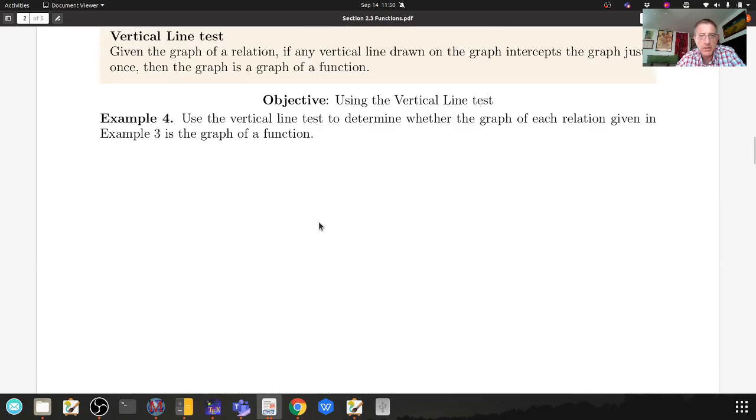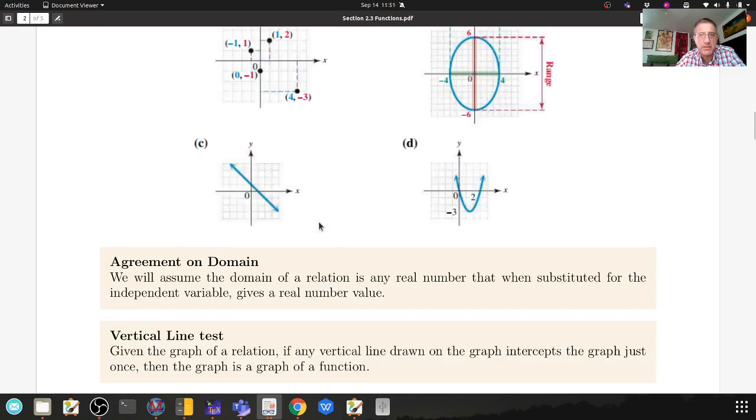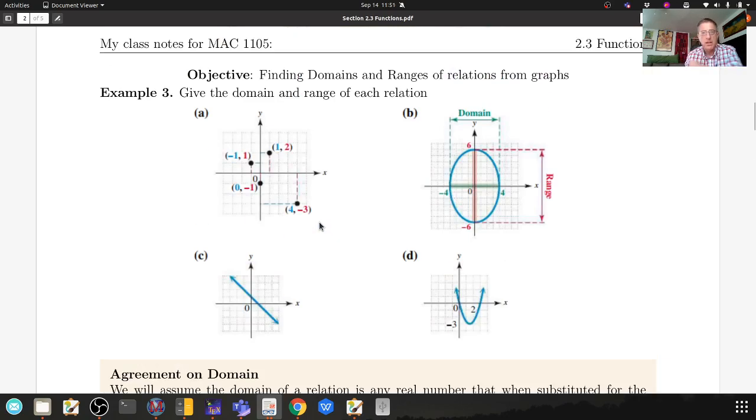So use the vertical line test to determine whether the graph of each relation given in example 3 is the graph of a function. So here, let's just draw a vertical line through that point. It doesn't intercept another point. Remember, the graph of this relation is just the points. So I'm drawing a vertical line through the point minus 1, 1. It does not intercept another point.